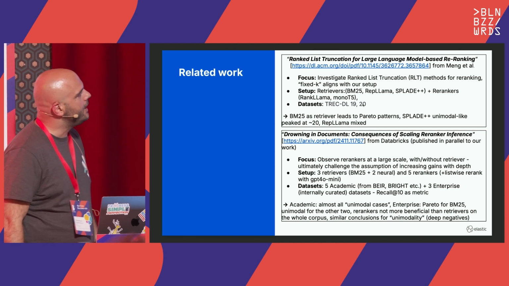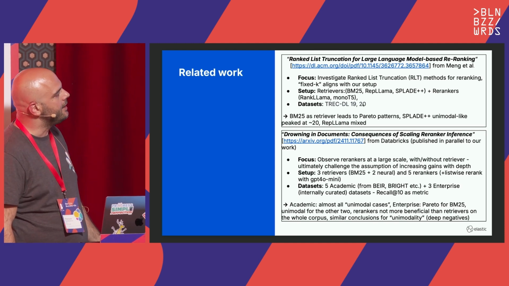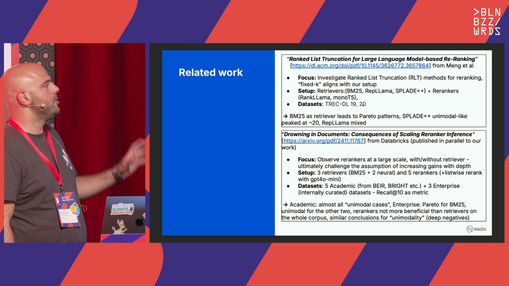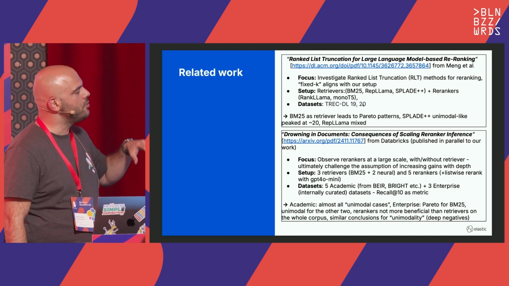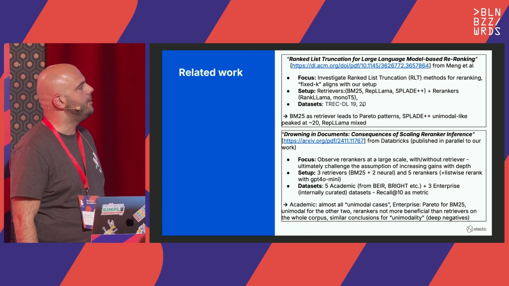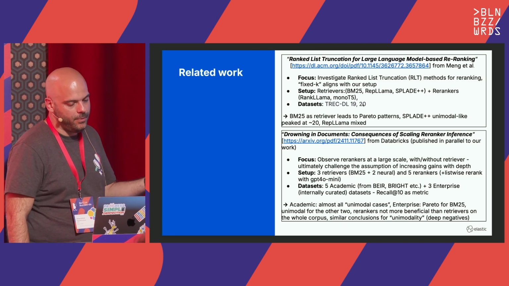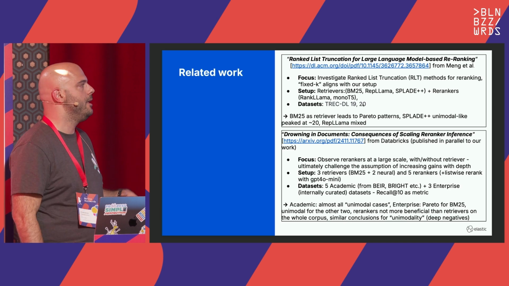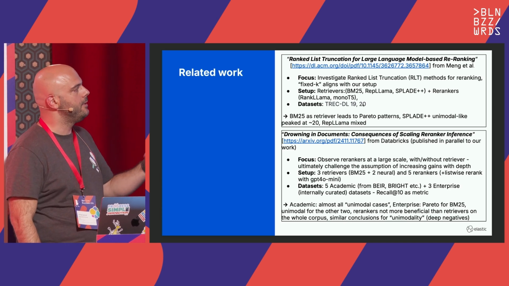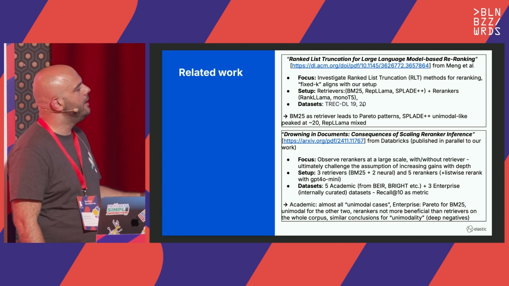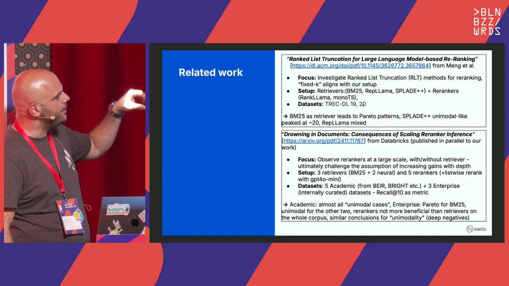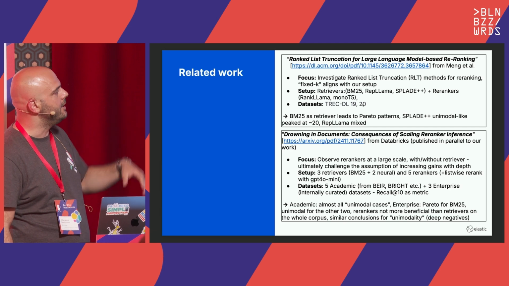There's a paper from Meng et al. about ranked list truncation methods. These techniques are applied mostly for retrieval, and the goal here is to determine the optimal depth on a query basis. The authors here consider these techniques also for retrieval and reranking.